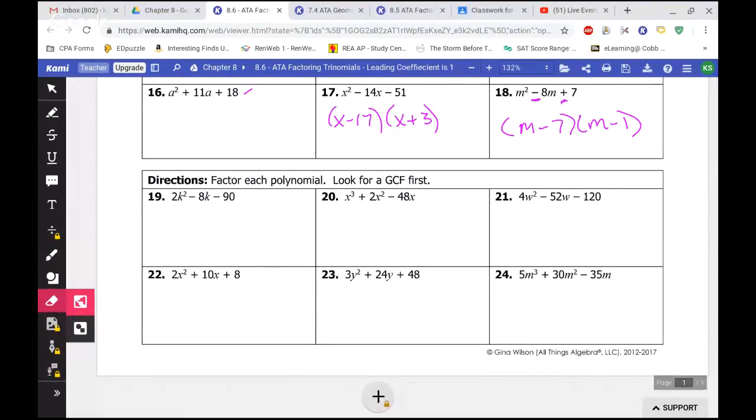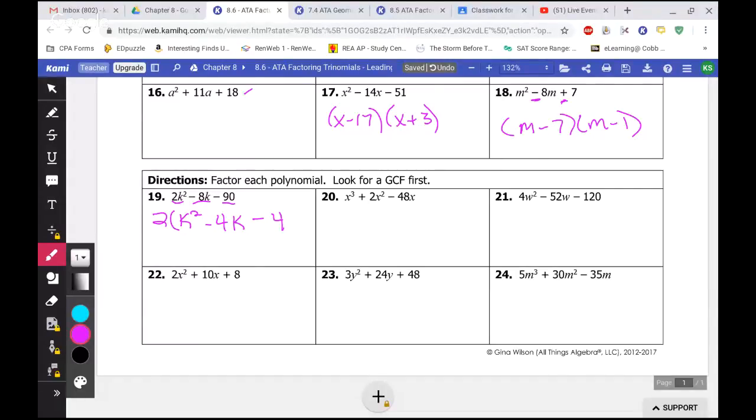Because they're all even. And that's the divisibility rule for 2. So let's take a 2 out of each term. If I take a 2 out of this term, that gives me k squared. If I take a 2 out of this term, that's 4k. And if I divide 90 by 2, I get 45.